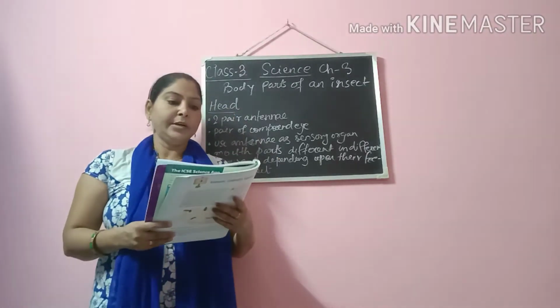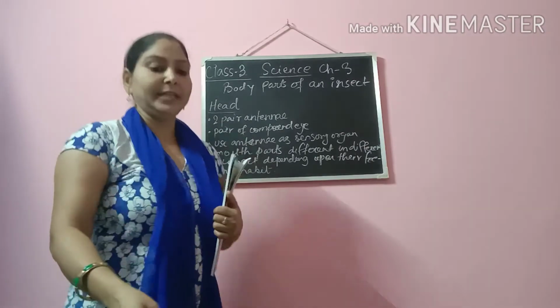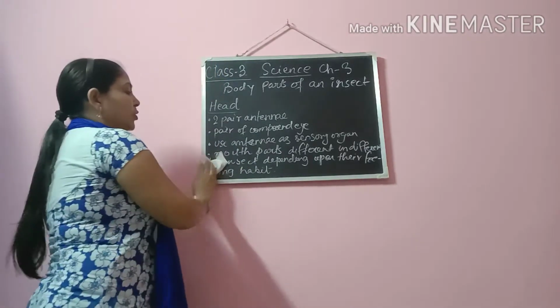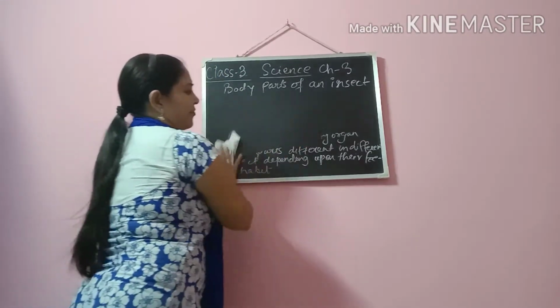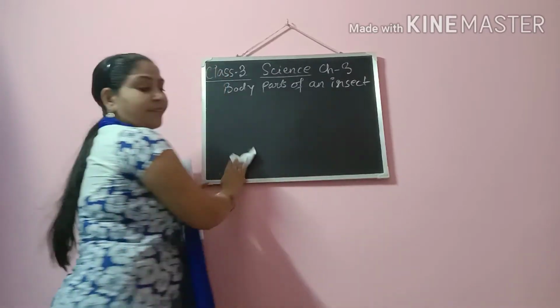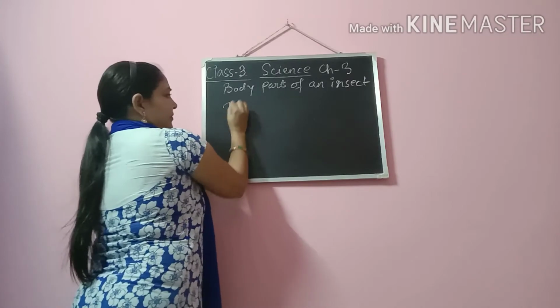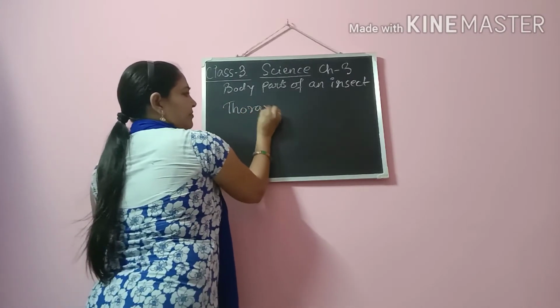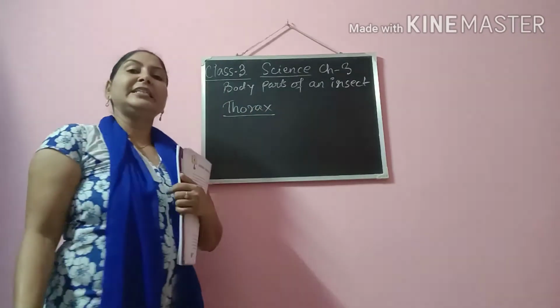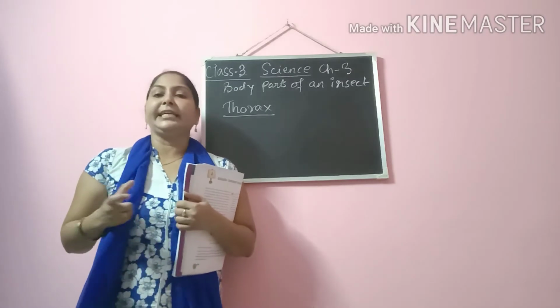So now we move to the next topic, that is thorax. Now what is thorax? I told you in the last class, thorax is the middle portion of the insect body.